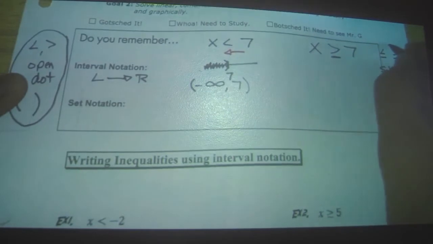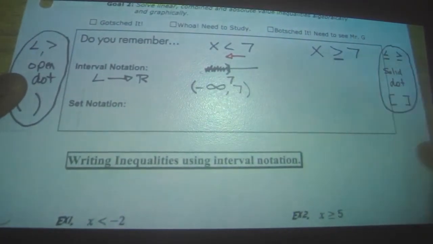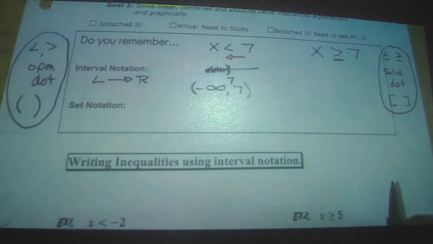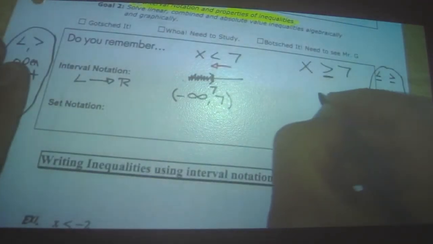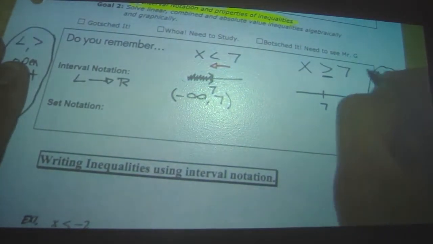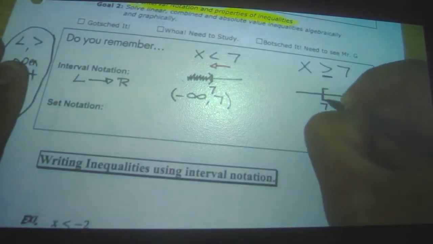You guys should have done this in Algebra 2 with parentheses or brackets. Maybe in algebra you got away with solid dots and open dots, but now we're doing Algebra 2 type stuff. So here's 7. Parenthesis or bracket? Because it's the bar on the bottom, it's inclusive, it's part of my solution set.